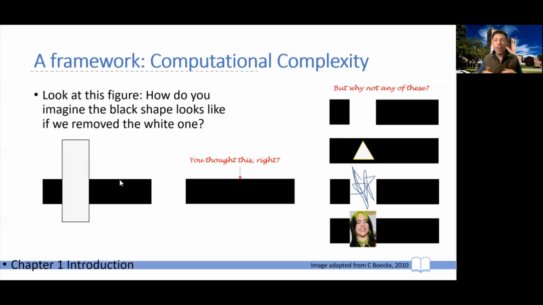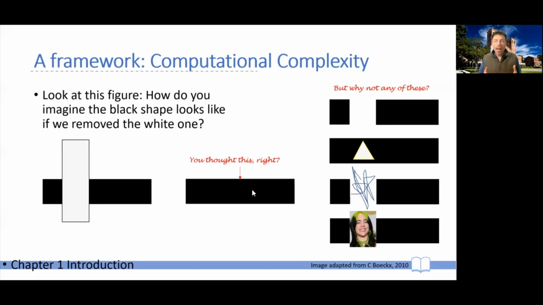Through evolution, through interacting with our environment, we figured that most of the times what's happening is two smooth objects, one on top of the other. Sure, it could be this. Sure, it could be this. You know what? Most of the times, it's this.